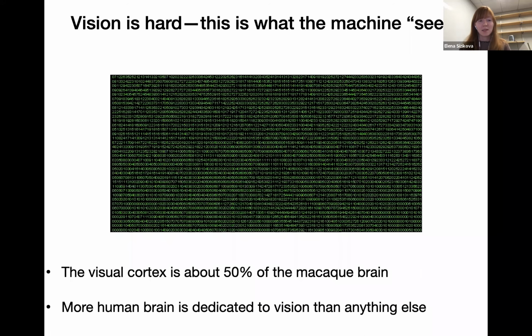In neuroscience and cognitive science, research has found that the visual cortex, the part of the brain that looks at images and interprets them, takes up a significant portion of the brain. So it's a challenging task for the human brain, and it's a challenging task for computers. It's something that is important, and a lot of resources are dedicated to it.